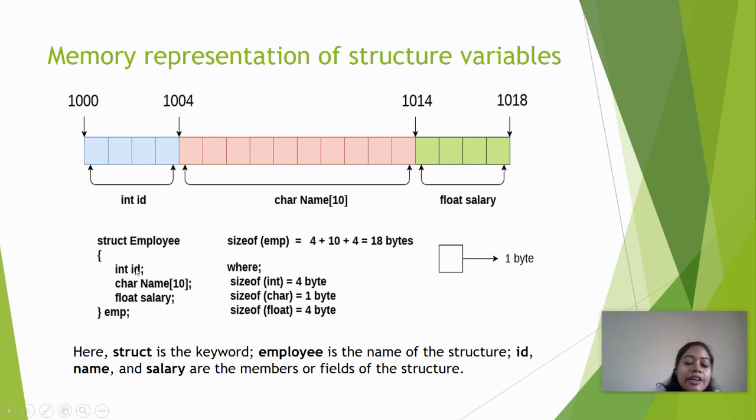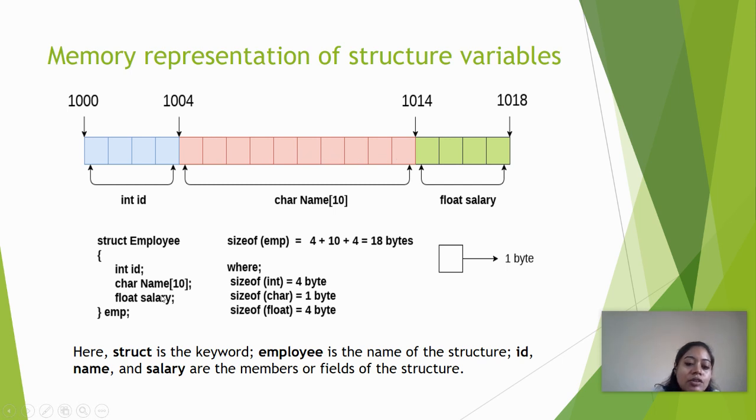Now int id means, we know one integer occupies 4 bytes of memory space in computer memory. So it will occupy 4 bytes, 1 2 3 4. Then char name, suppose the name is of 10 characters. One character occupies 1 byte of memory space. So if the name of the employee is of 10 letters or 10 characters, it will occupy 10 bytes of memory. So 1, 2, 3, 4, 5, 6, 7, 8, 9, 10.